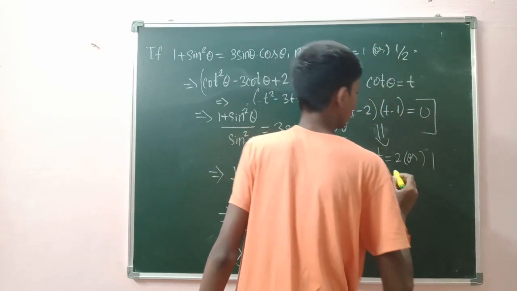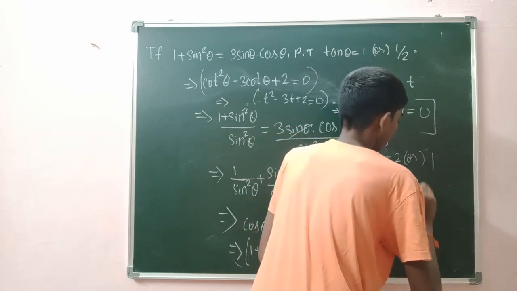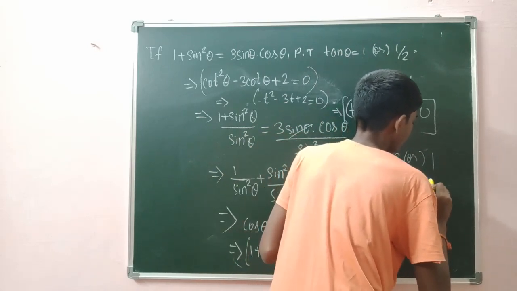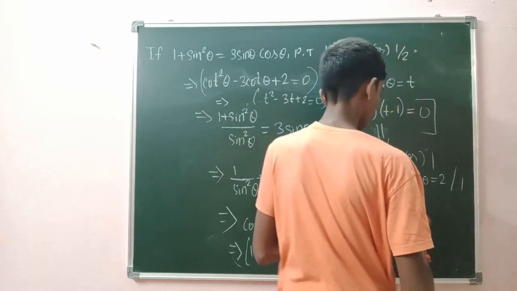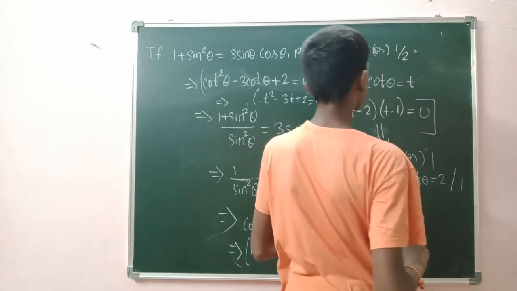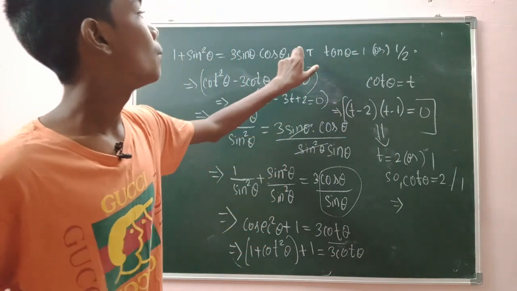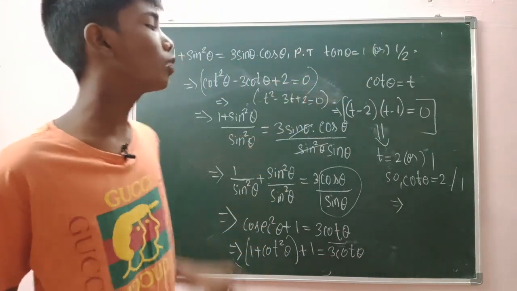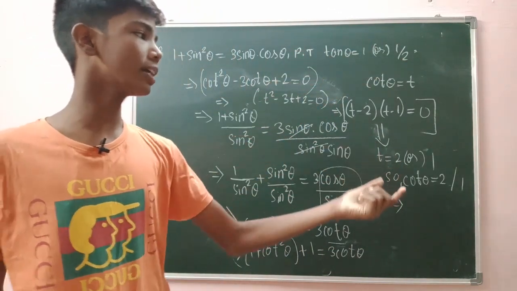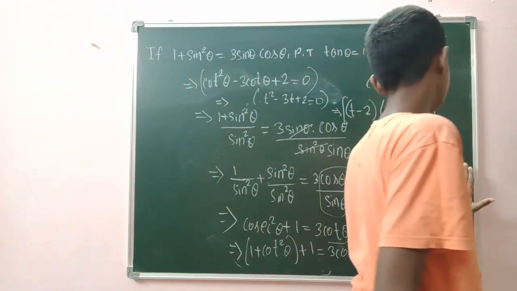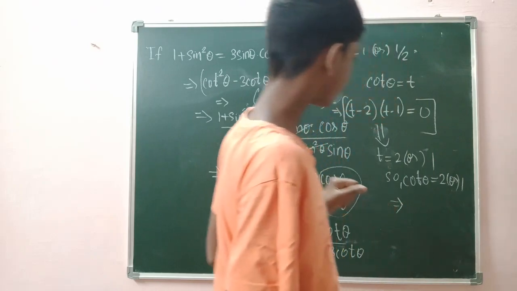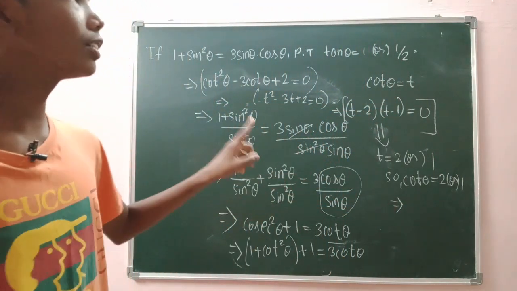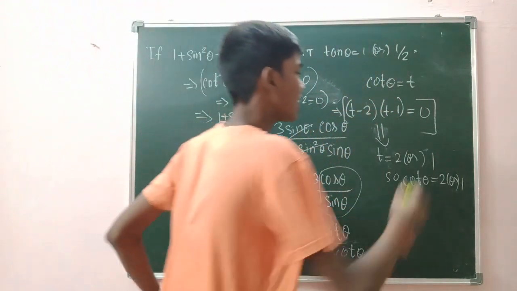So 2 or 1. What did I take for t? I took cot theta as t. So cot theta will be equal to 2 or 1. What has been asked in the question? Prove that tan theta is equal to 1 or 1 by 2. If cot theta is equal to 2 or 1, what will be tan theta?